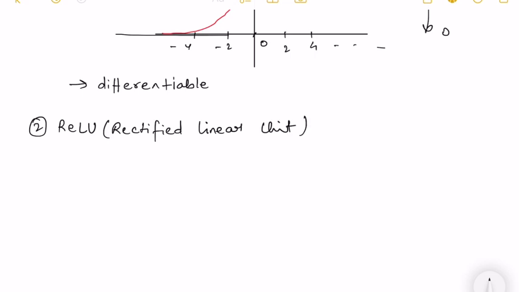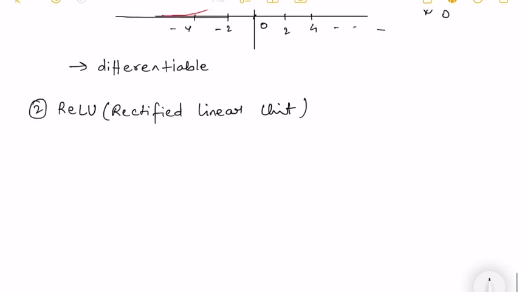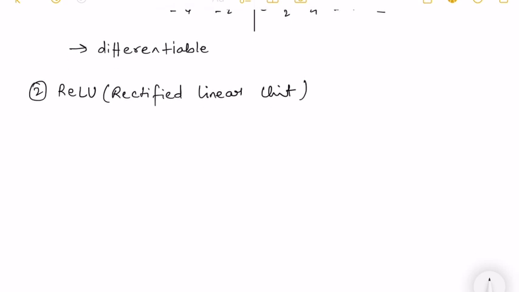And this is also a very commonly used activation function, probably the most used activation function in the world right now, since it is used in almost all convolutional neural networks, which are CNNs, which are used for predicting images and processing images. Let's see what the activation function looks like.